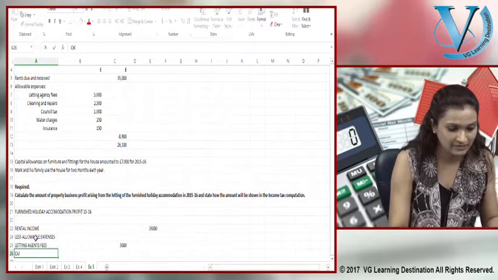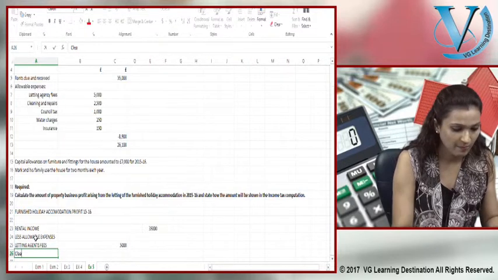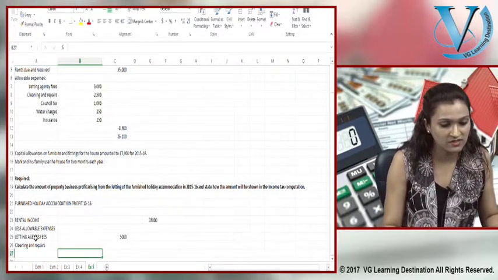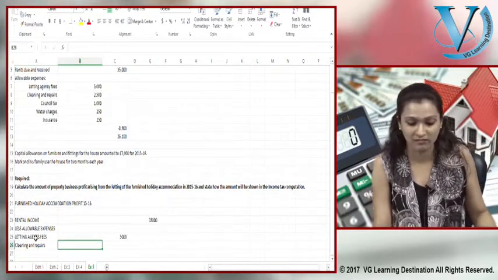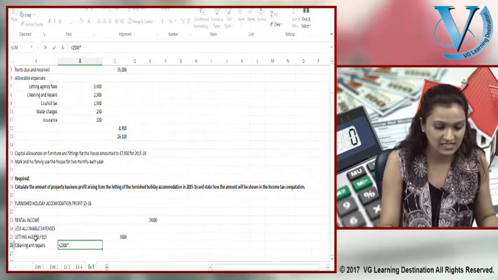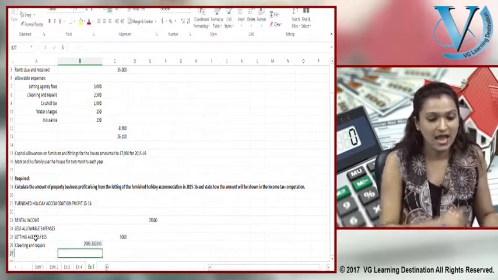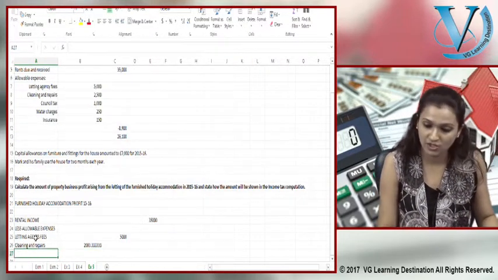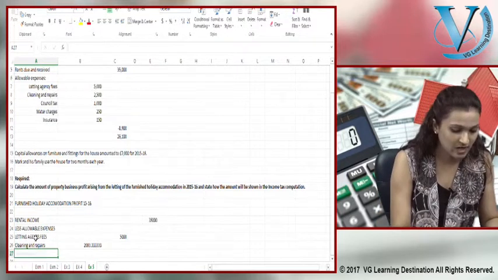Expenses like cleaning and repairs were 2,500 for the entire 12 months. However, we need to only include expenses pertaining to the 10 months for which it was actually a furnished holiday accommodation.